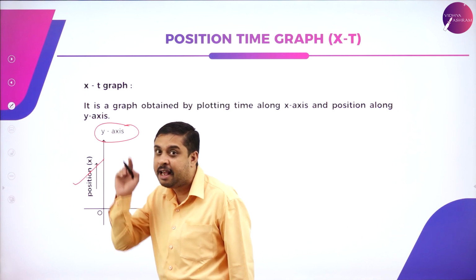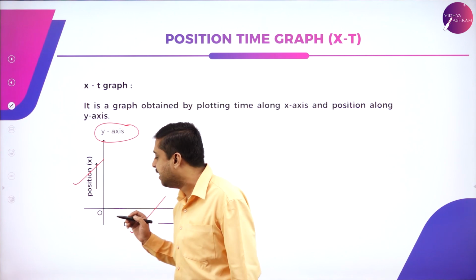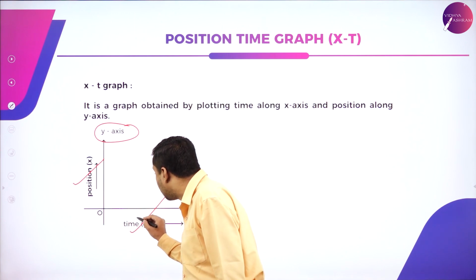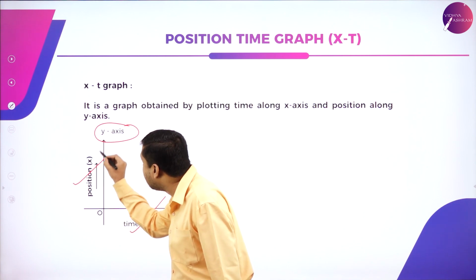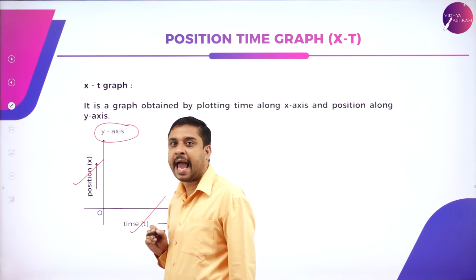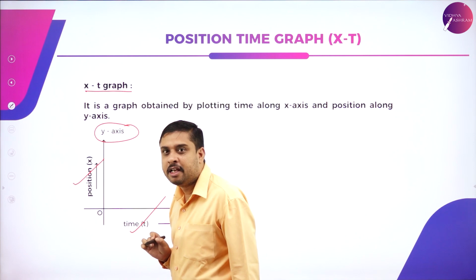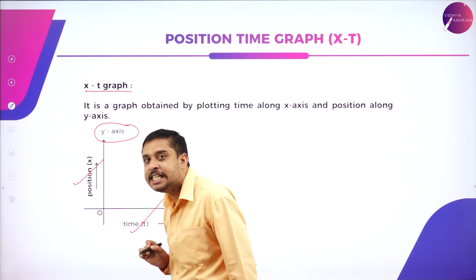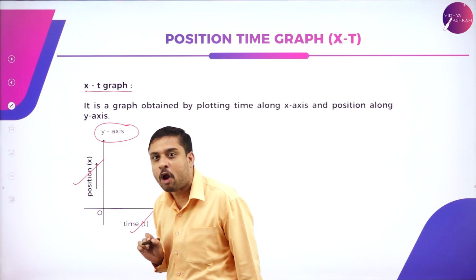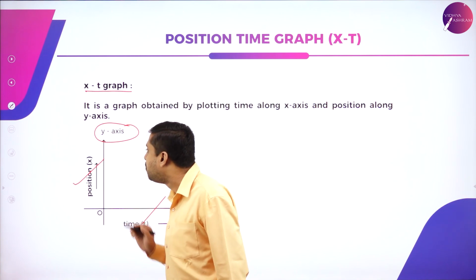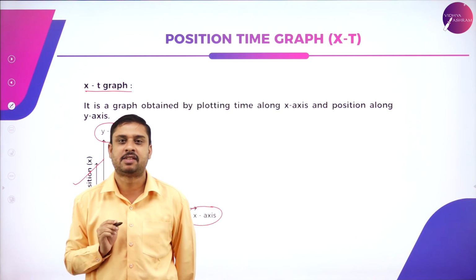If you remember our velocity time graph, again their time was plotted along x-axis, velocity was plotted along y-axis. In a xt graph, the so-called position time graph, time is plotted along x-axis and position is plotted along y-axis.